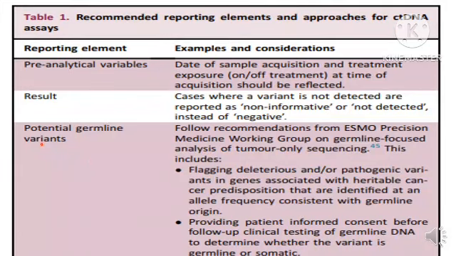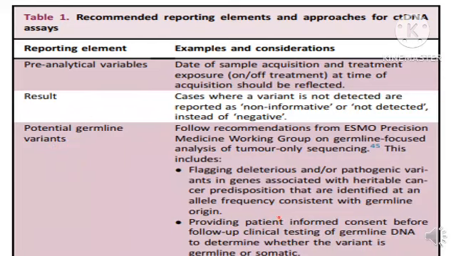So, guidelines for potential germline variants. Flagging deleterious and or pathogenic variants in genes associated with heritable cancer predisposition syndromes. So suppose BRCA1, BRCA2, if you're seeing the mutations with a frequency of more than 50 percentage, then you have to highlight that variant as a potential germline variant.